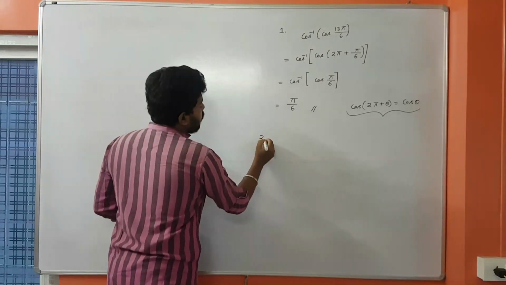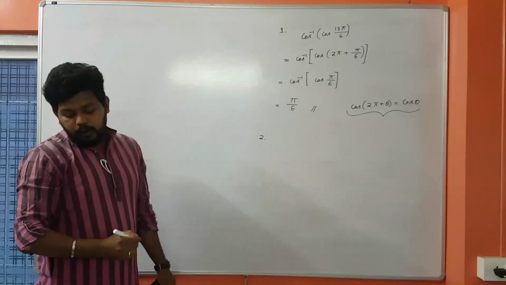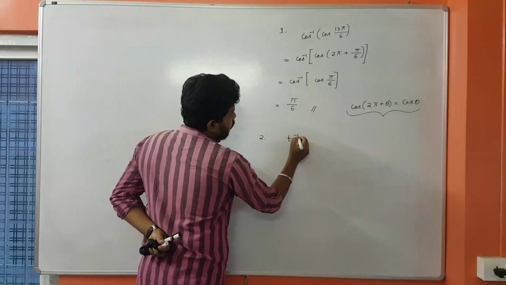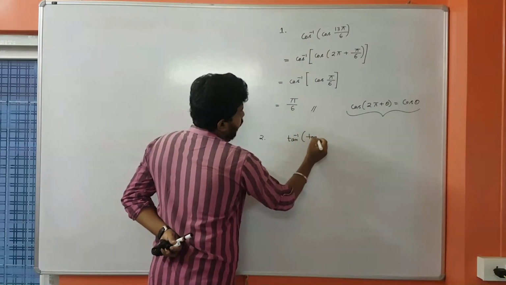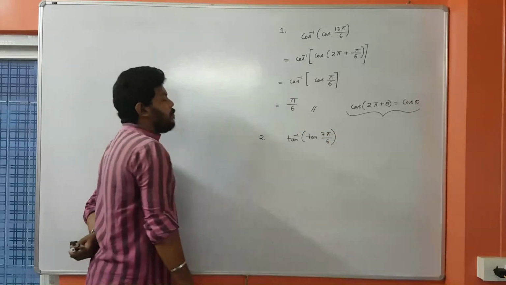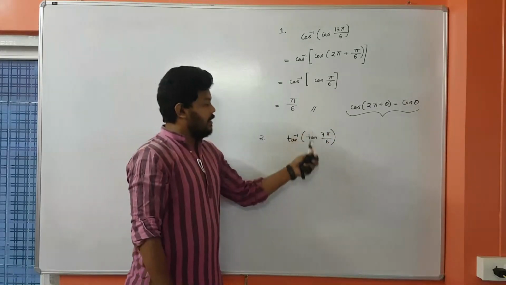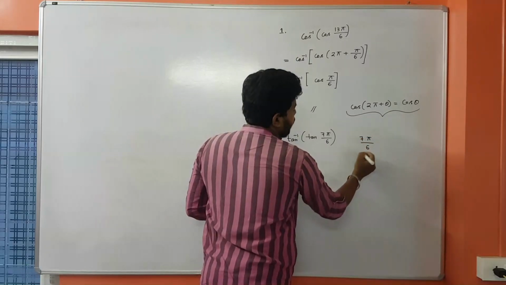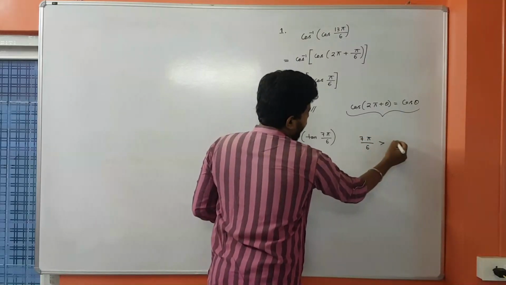Number 2, find the value of tan inverse of 7 pi by 6. This angle 7 pi by 6 is greater than pi.